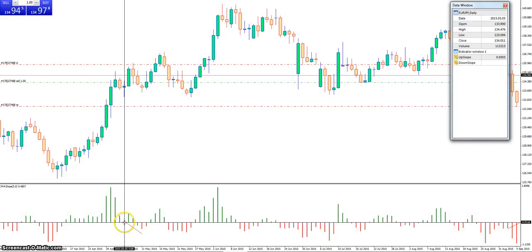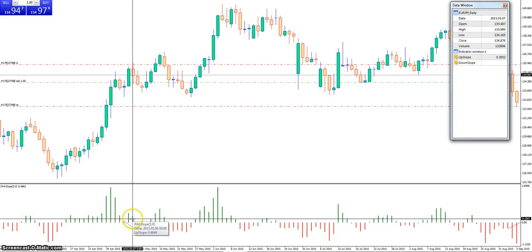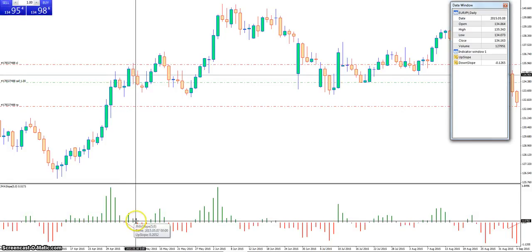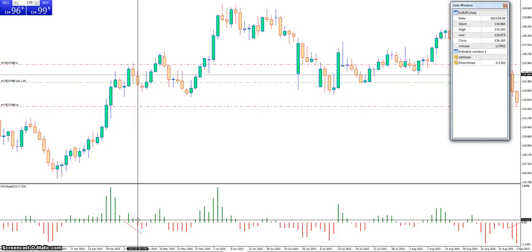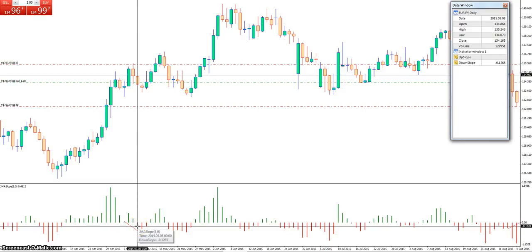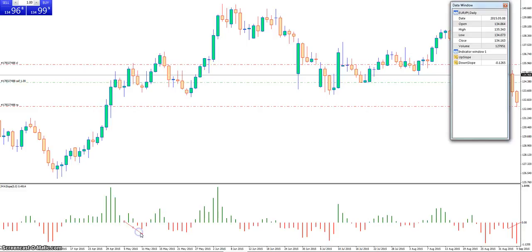So when it is happening, the next day it has gone up. That day also the value is higher than this value. But on this particular day, we have a JMA slope value of minus 0.1265. So this is the first condition, and it is being met: the slope is downwards. And what is happening on the price front of these two bars? Let us see.